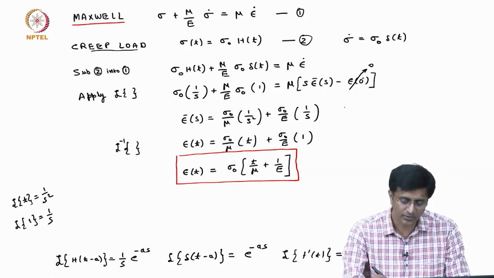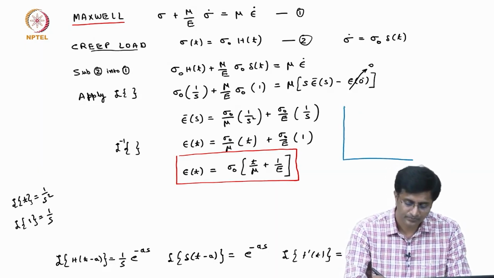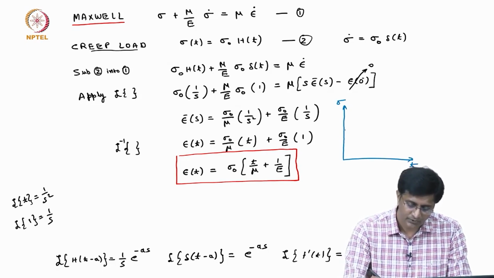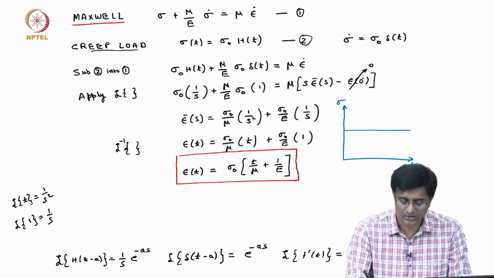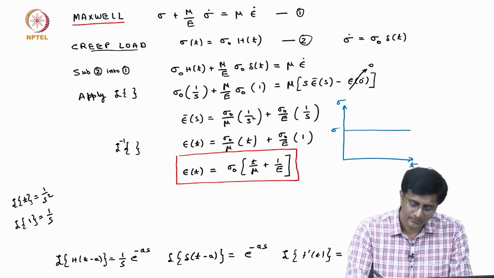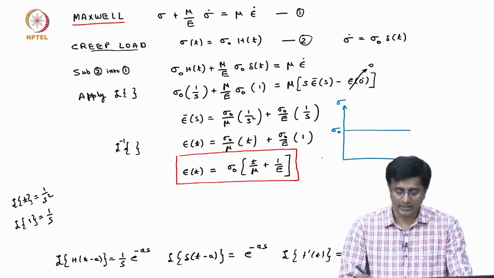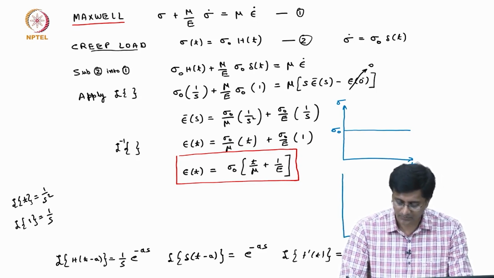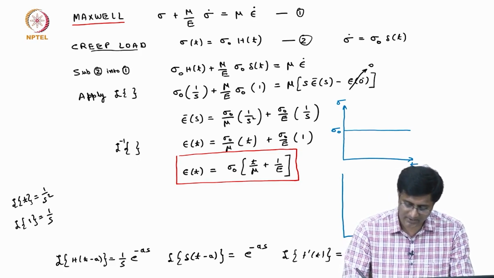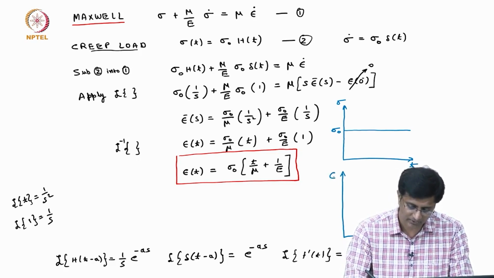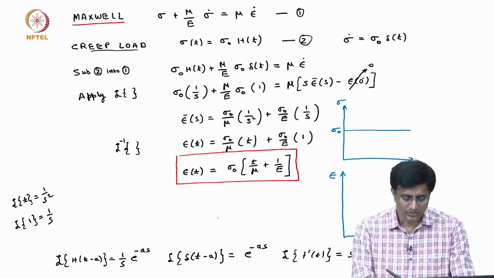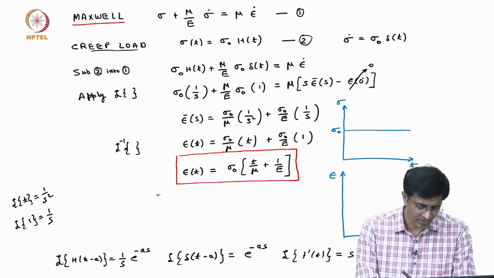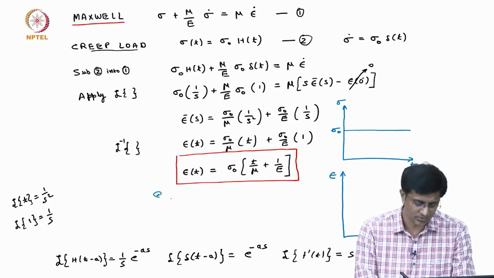So, we said the input is in terms of stress. We said the stress remains constant, that is what we define as the creep load. And for the response, let us look at how it varies with time. So, the response here is the x axis is time and the y axis is the strain. In this expression, let us substitute what happens at time t equals 0.